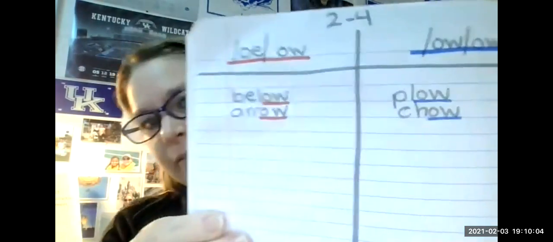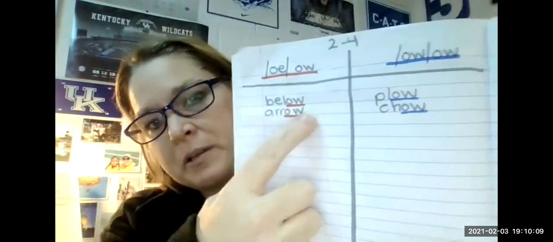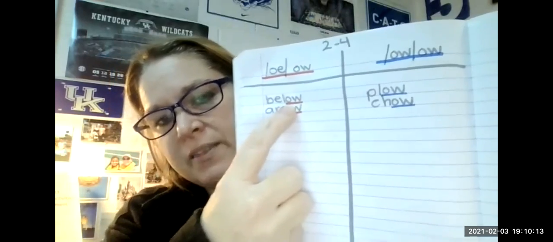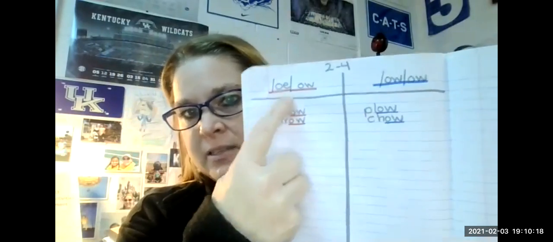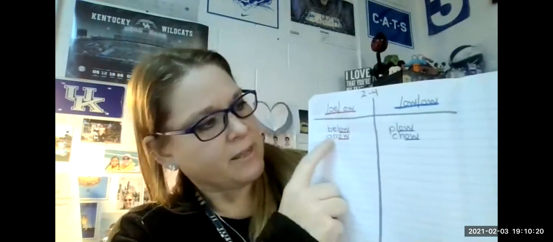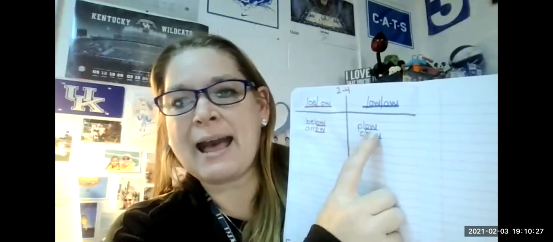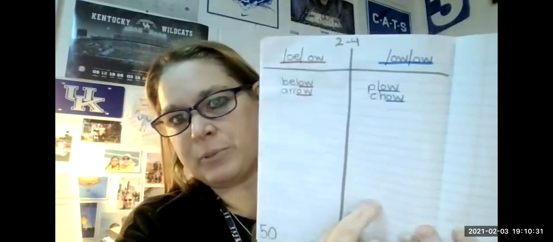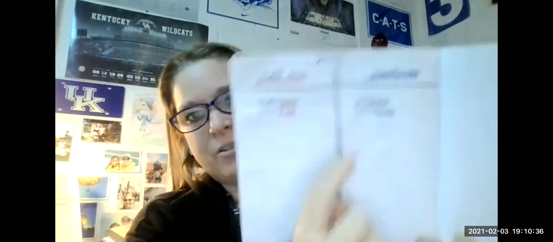And if you look carefully, you'll see that in the word below, the O part that says O is underlined in red, just like this up here. And in the word arrow, it says O. Over here, I have plow. It says ow, like ow. So I underlined it in blue. And chow, the ow is underlined in blue.